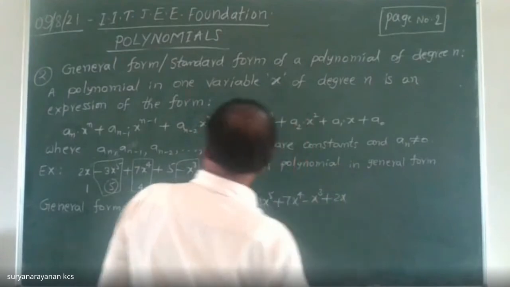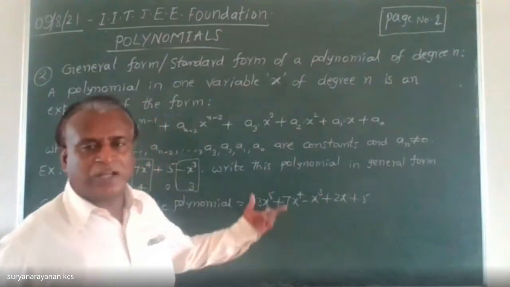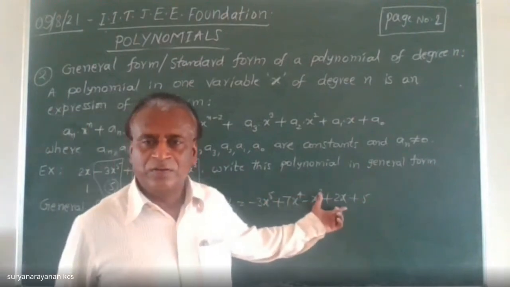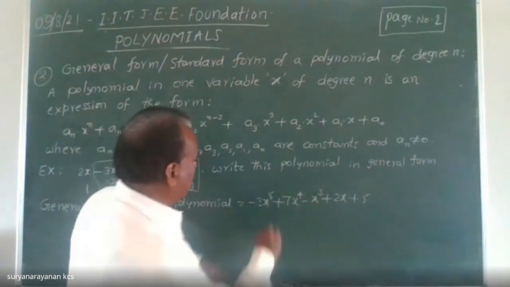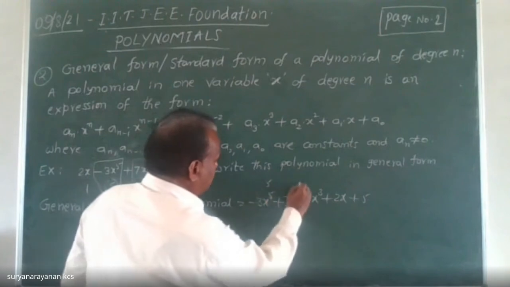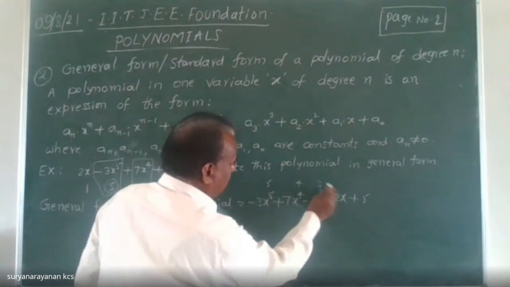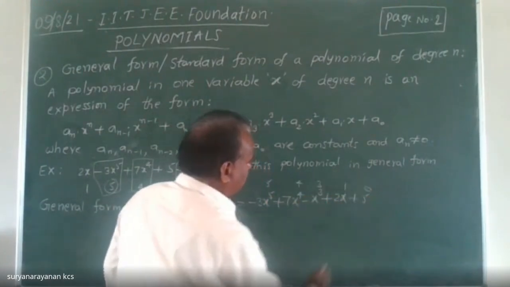So plus 2x, and the last one is plus 5. So if we observe the exponent of the variable x, this is 5, this is 4, this is 3, this is 1, and this is 0.